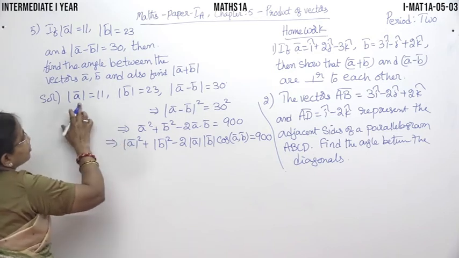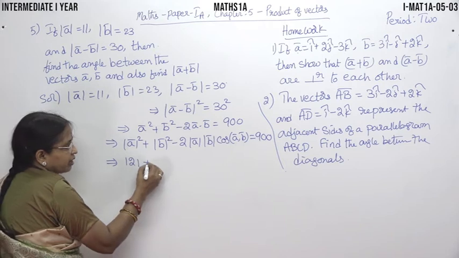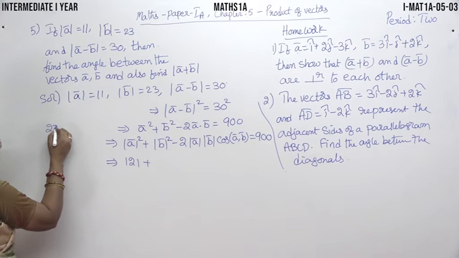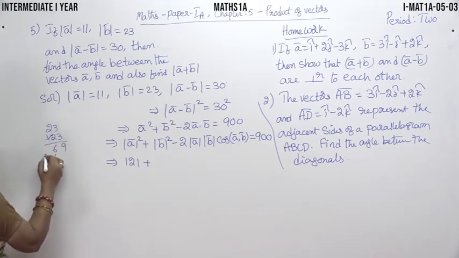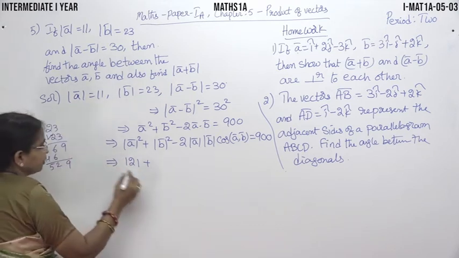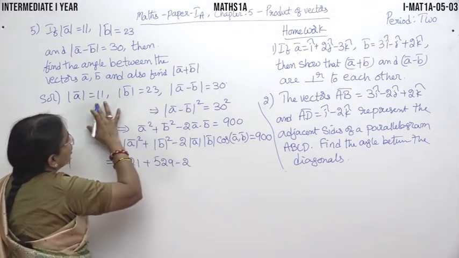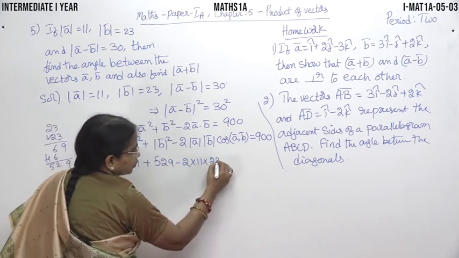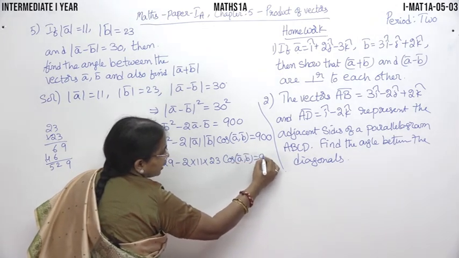Now substitute the values. Mod a square means 11 square, which is 121. Mod b square is 23 square. So what is 23 into 23? It is 529, minus 2 into mod a, which is 11, 2 into 11 into 23 into cos of angle between a and b, is equal to 900.